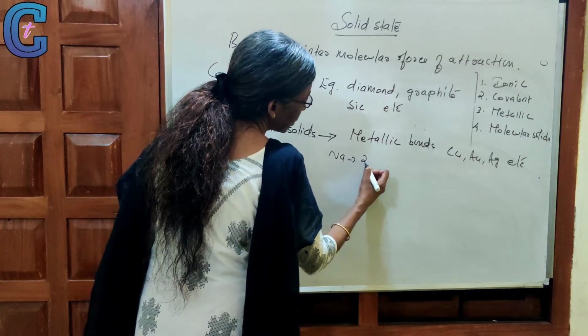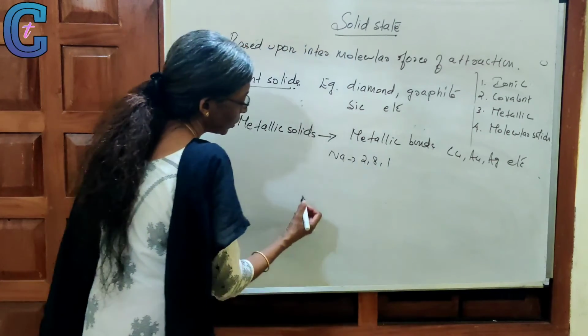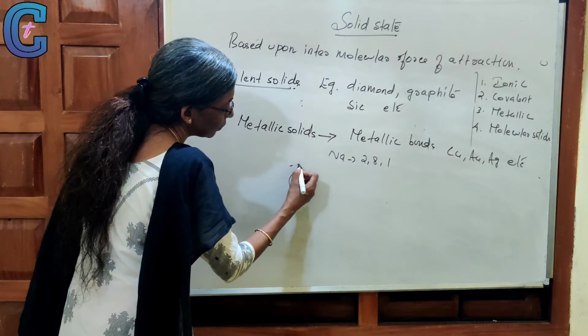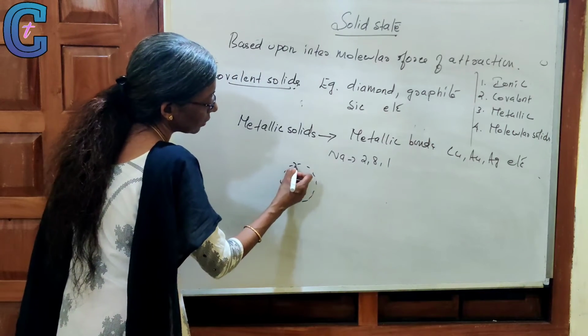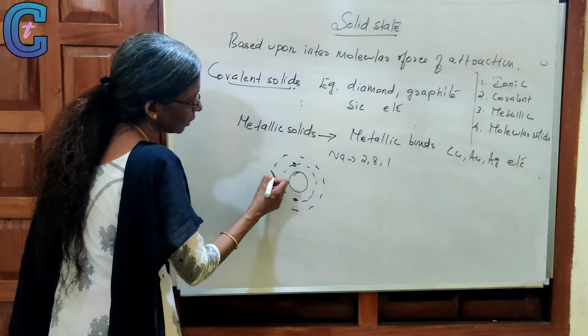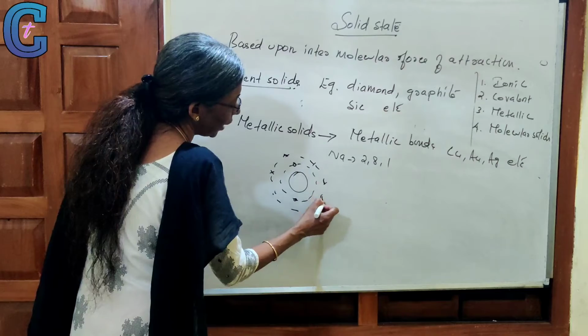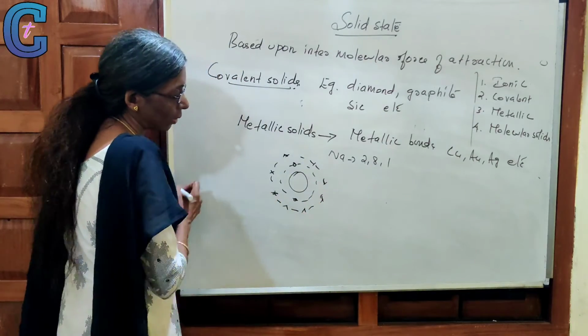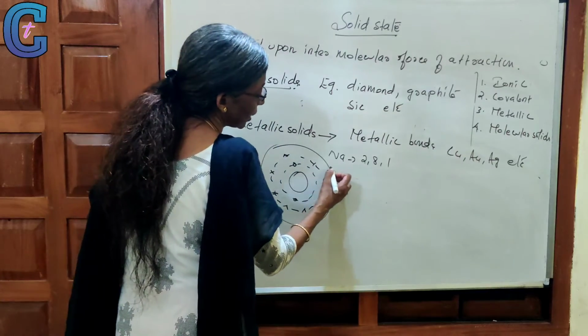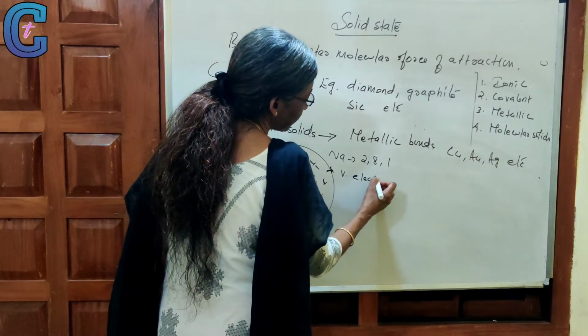Okay, so if you see metallic solids, suppose sodium. Sodium metal is 2,8,1. This is the nucleus, then the first shell with 2 electrons. Next shell, we already studied this, 1, 2, 3, 4, 5, 6, 7, 8 electrons. The outermost 1 electron is the valence electron.